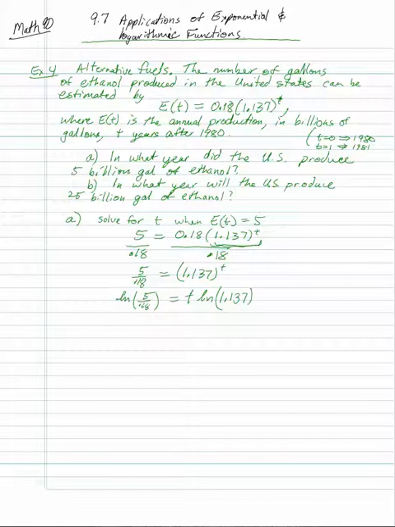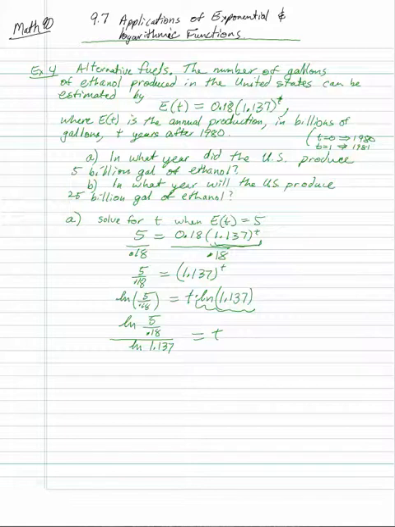Okay, and then I'm going to divide. Remember, this is just a number. So I'm going to divide both sides by that ln. So I've got ln of 5 over 0.18, and I'm going to divide that by ln of 1.137. That equals t. Now that's my exact answer.